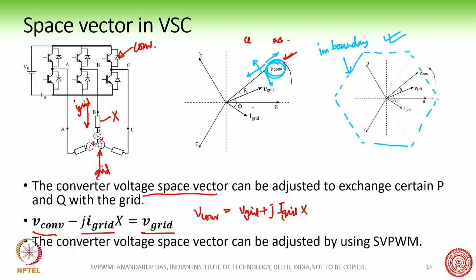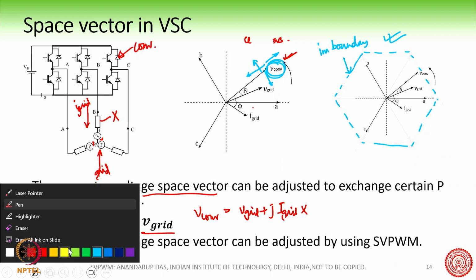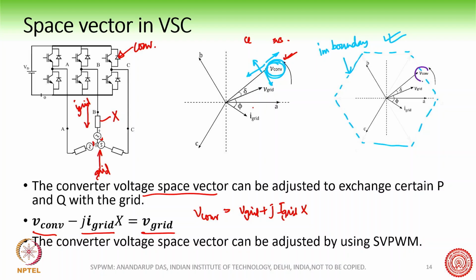And now what we are doing here is basically manipulating V conv. Remember here there is V1, there is V2, and there is V0 here. These are active vectors which are available to us, right?